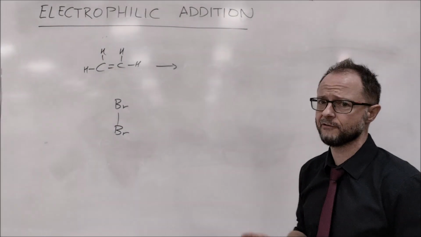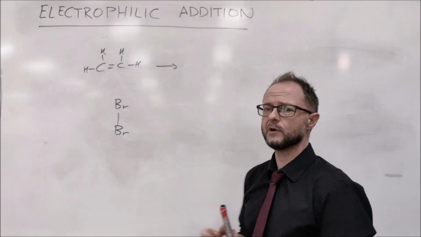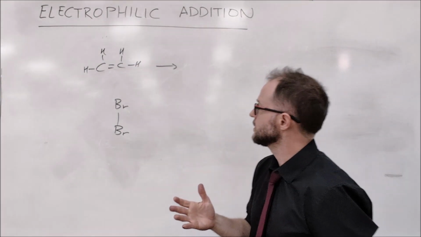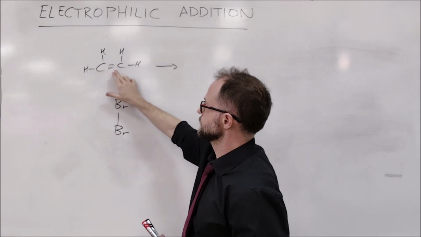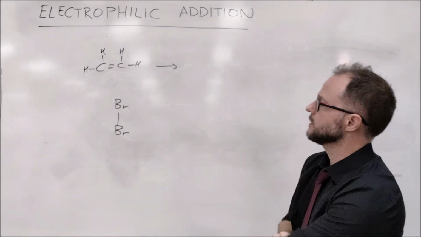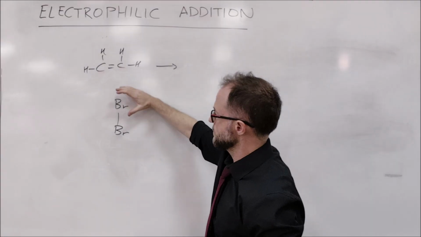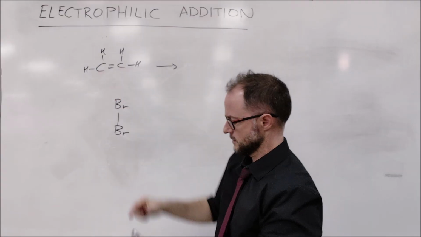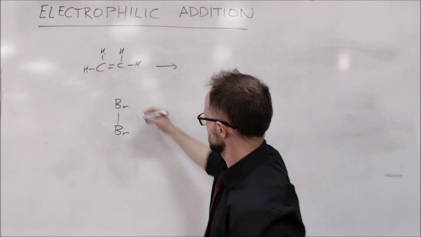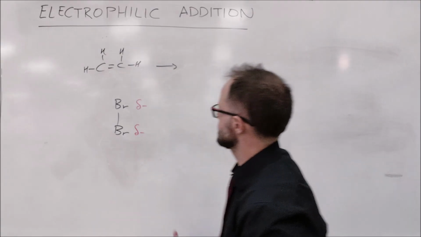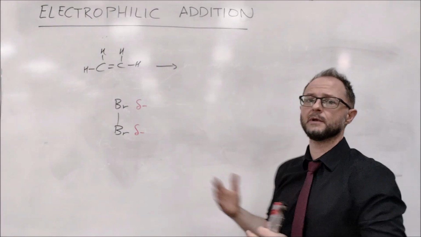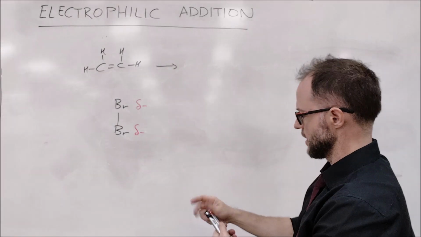And what you may remember from physics though is that we can have what are known as induced dipoles. So as this bromine molecule comes close to the electron-rich area here on the alkene, these electrons of the bromine are going to shift away, they're going to be repelled, and what you get is an induced dipole similar to the permanent dipole that you would have on the hydrogen bromide.